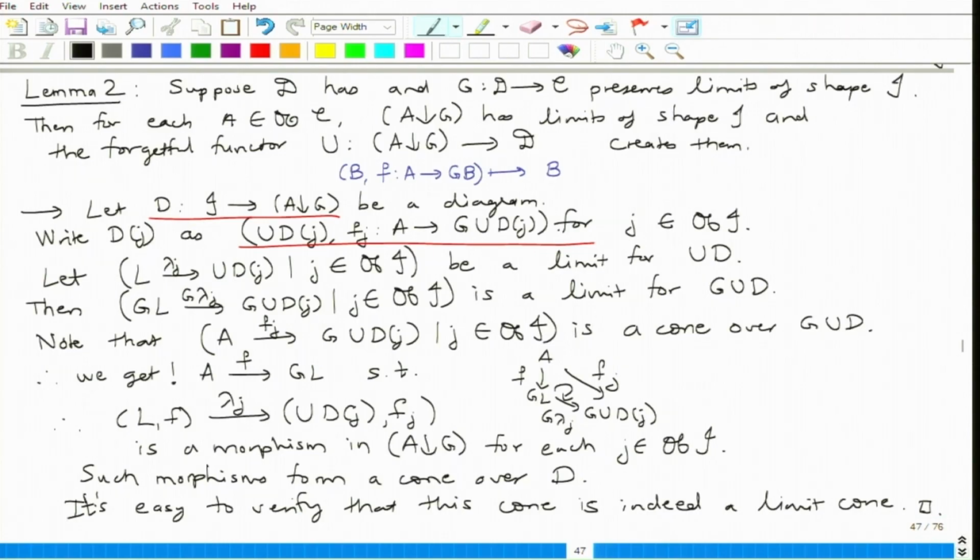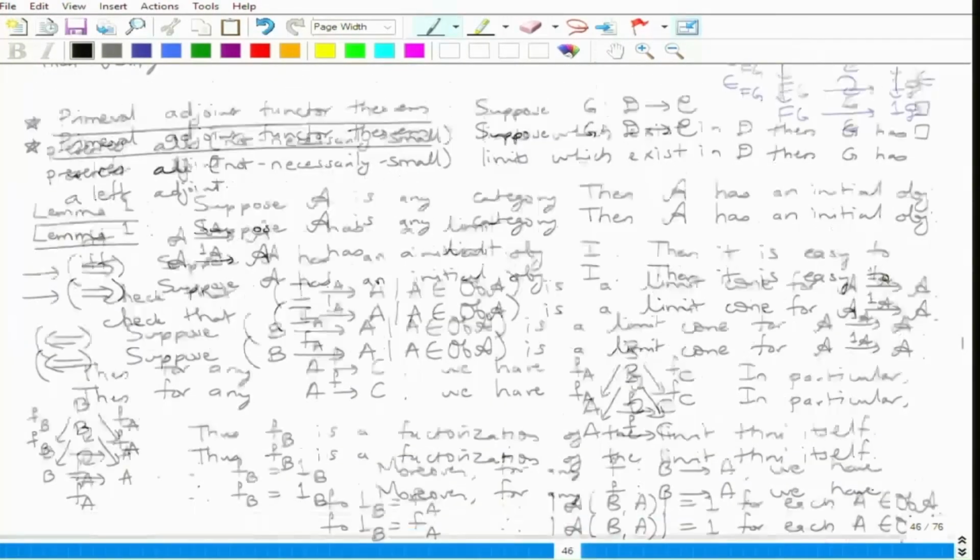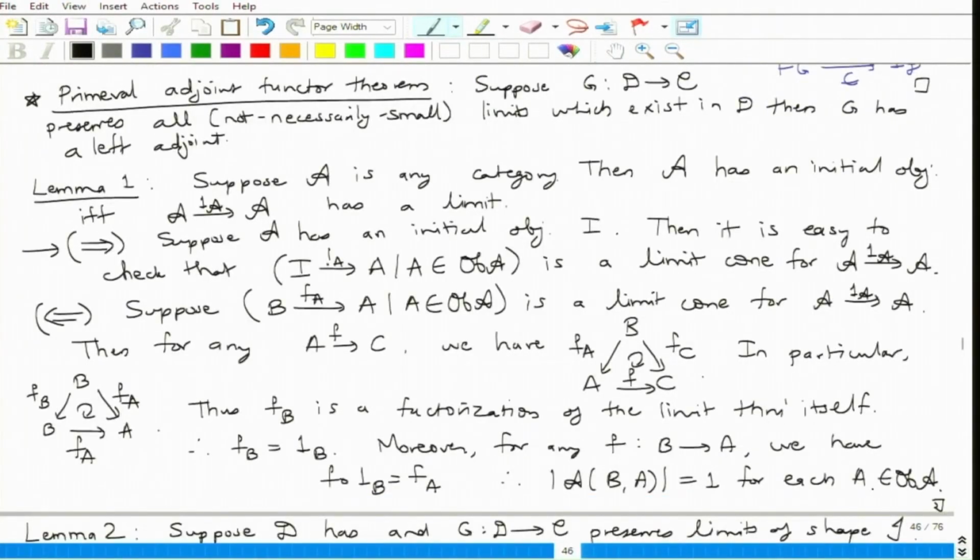Okay, so this lemma lies at the heart of the proof, because now we are done with the proof of the first primeval adjoint functor theorem. Are you convinced? Let me show you. What do we want to show? That suppose G preserves all limits which exist, then it has a left adjoint. When do we say that something has a left adjoint?